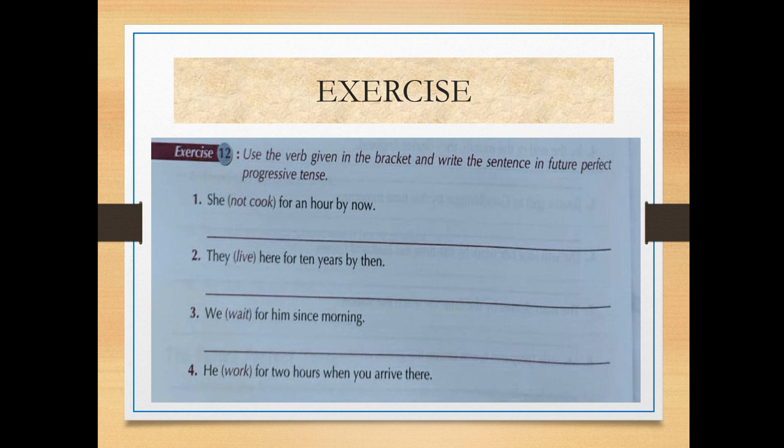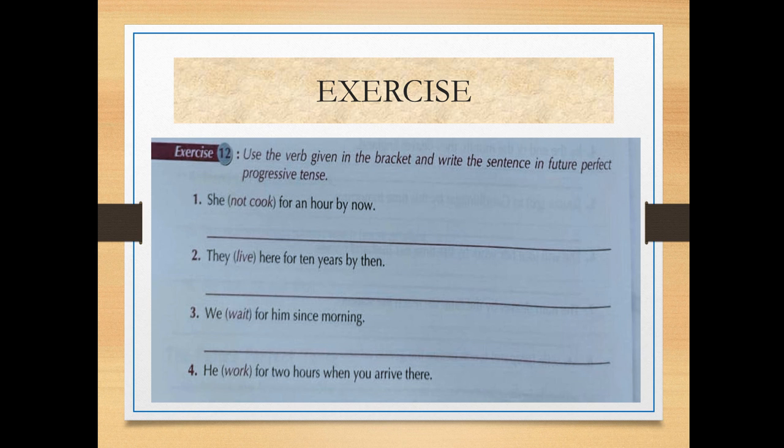See, this is a negative sentence, so we have to add not after the word shall/will. She shall not have been cooking for an hour by now. Let's see the next one. They live here for 10 years by then. They shall have been living here for 10 years by then.